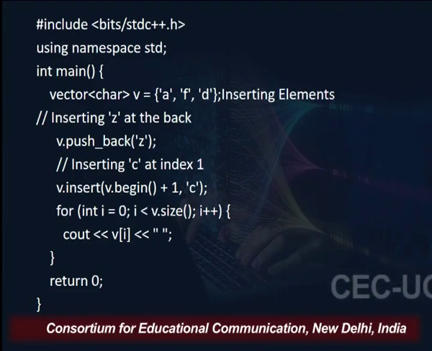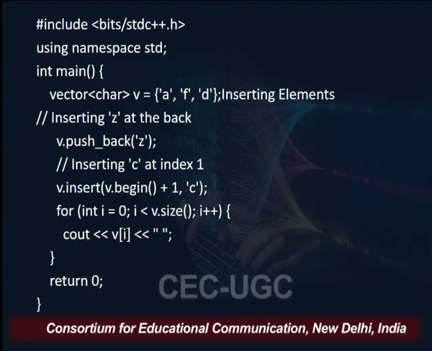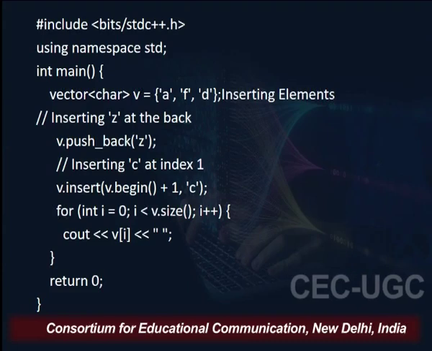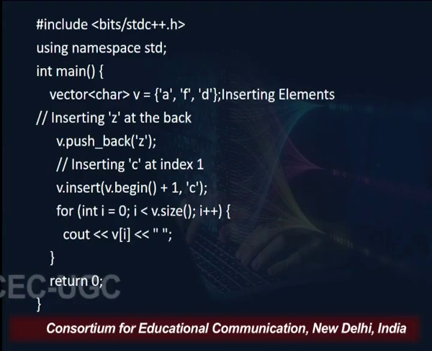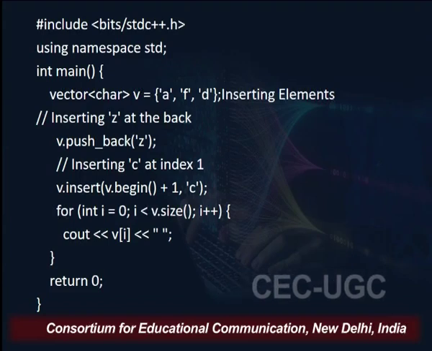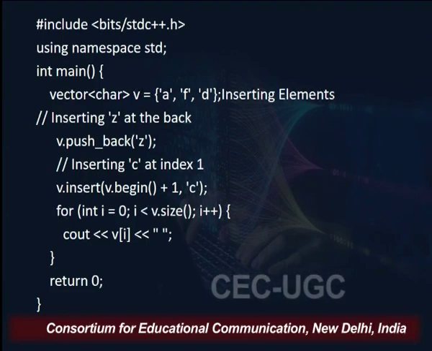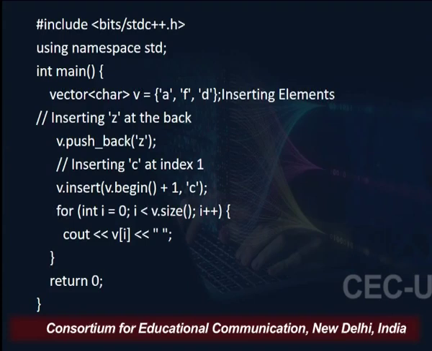Then, if we want to insert something at a particular index, two values are to be passed to the insert function. First is the position where you want to insert the element, and the second is the value. In the next statement, v.insert, within the brackets there are two parameters. The second parameter is the character c, which we need to insert.